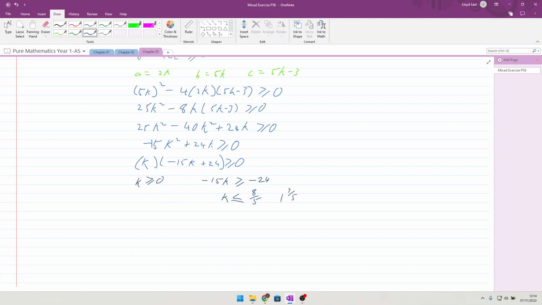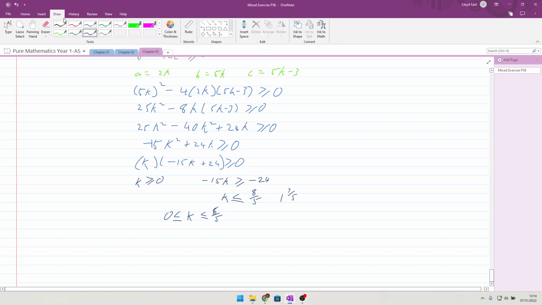Okay, so k is greater than or equal to 0 and less than or equal to 8/5.